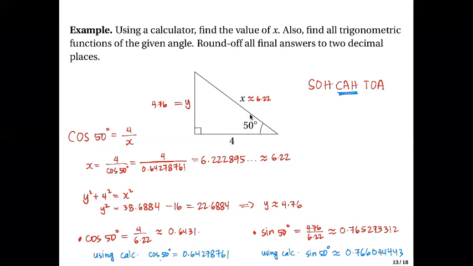Try to use the values that we have here and use your calculator to find the actual values and compare the rounding errors. Okay? Questions?